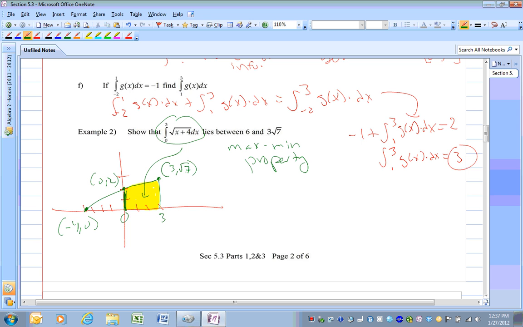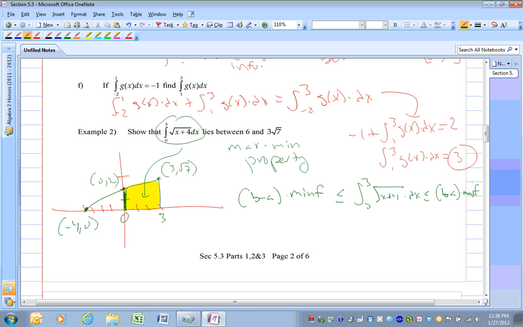So here's how this works. B minus A times the min of F has to be less than or equal to your integral, and that's supposed to be less than or equal to B minus A times the max of F.